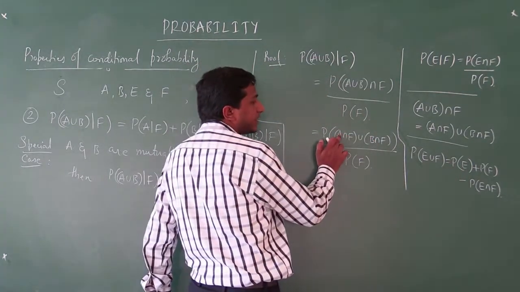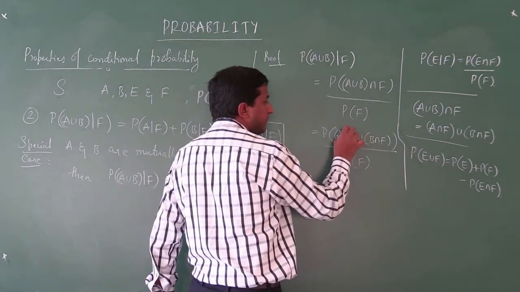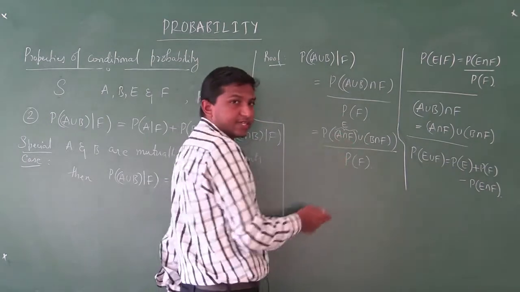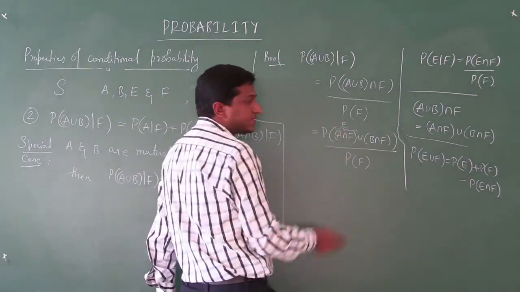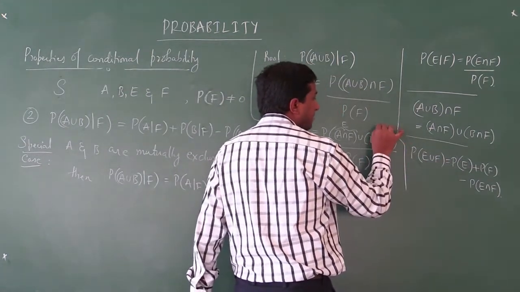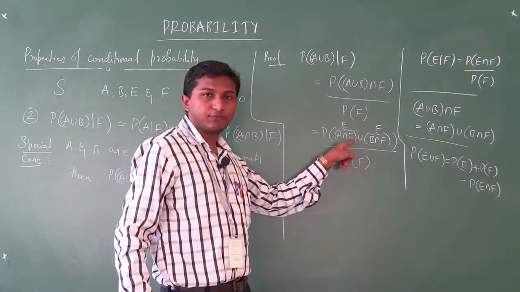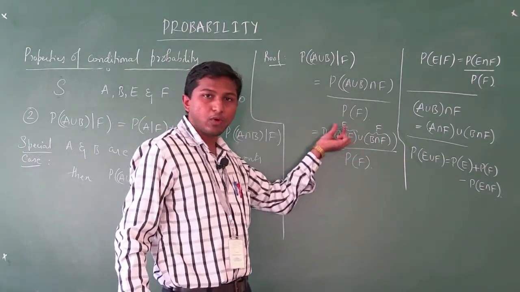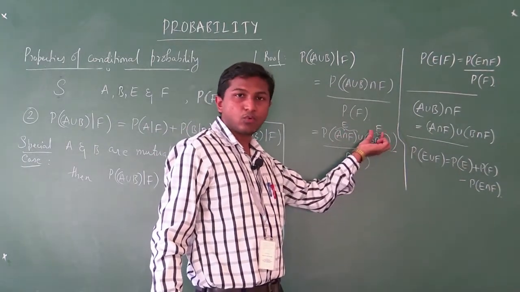Look at this numerator. Let in the place of E we have A intersection F, and in the place of F we have B intersection F. So A intersection F I can consider as one event, and B intersection F I can consider as one event.